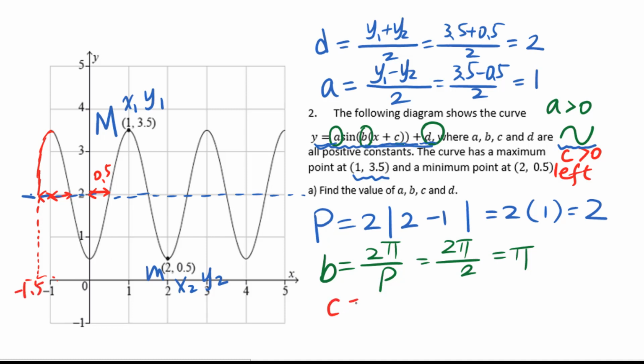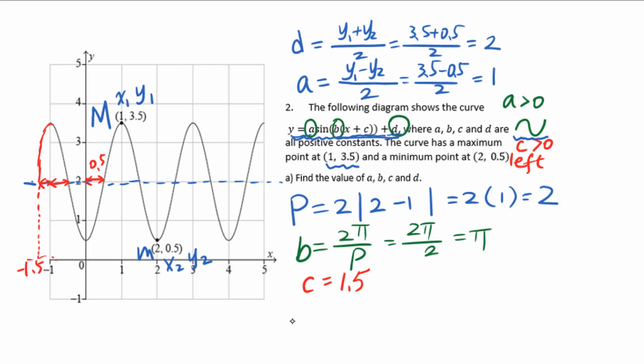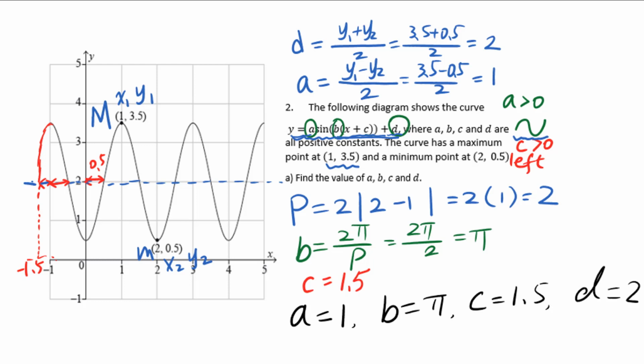Therefore, c equals the opposite of negative 1.5, which is 1.5. Now let's organize. We have a equals 1, b equals pi, c equals 1.5, and d equals 2. Therefore, we can write down the function y equals 1 sine(pi times (x plus 1.5)) plus 2.